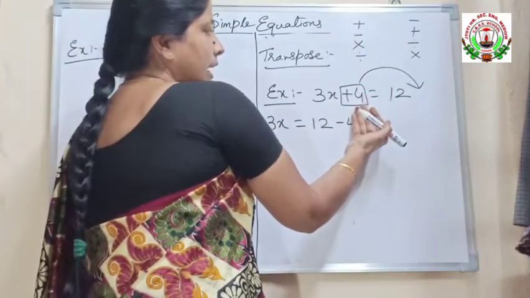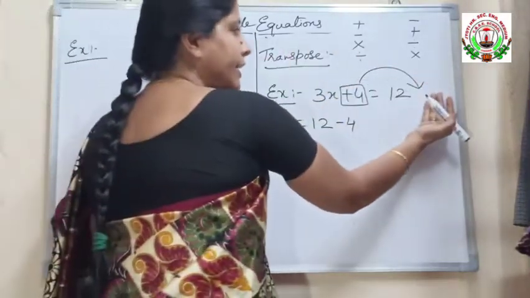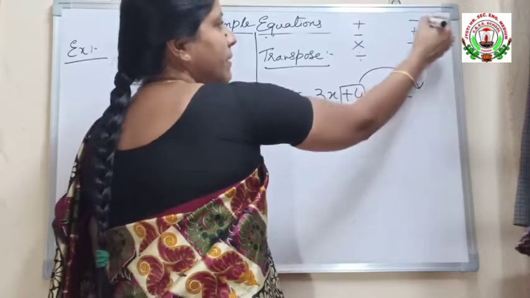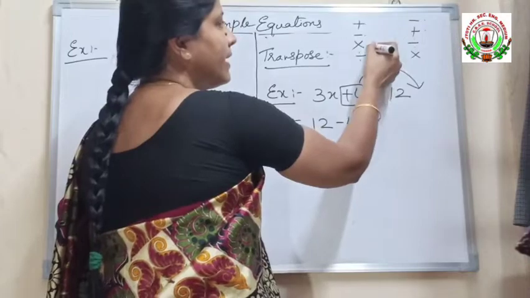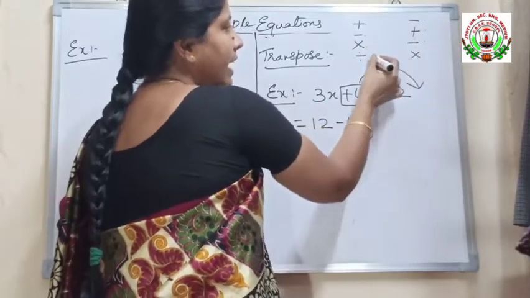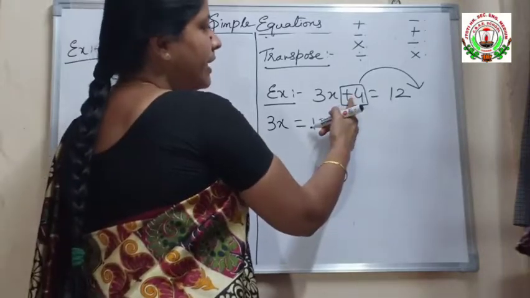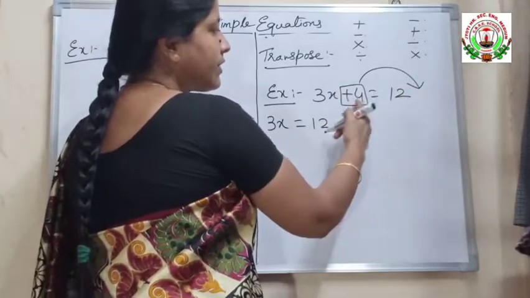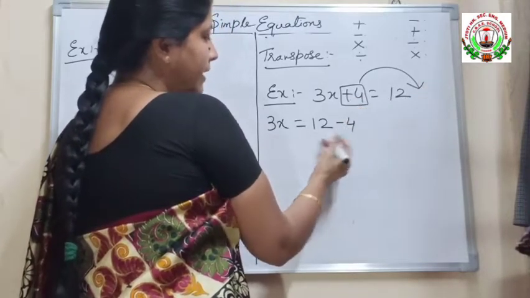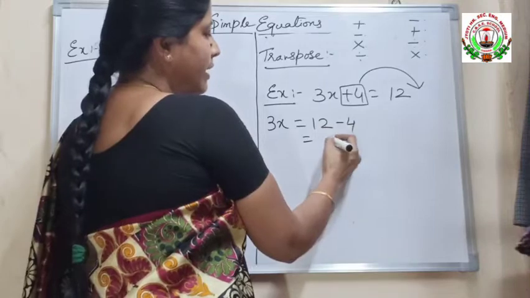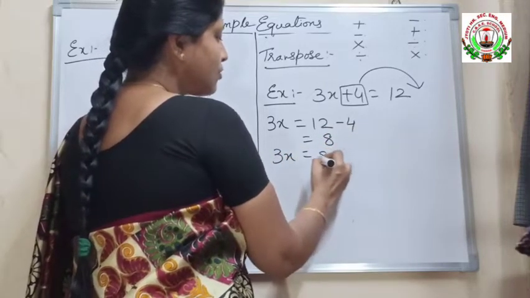When the constant is transposed to the right hand side, the plus sign becomes minus sign, minus becomes plus, multiplication becomes divide, and divide becomes multiply. So that's why from here to here I have transferred this plus 4 to the right hand side. The plus sign became a minus sign. So 12 minus 4 is 8, and I have 3x is equal to 8.